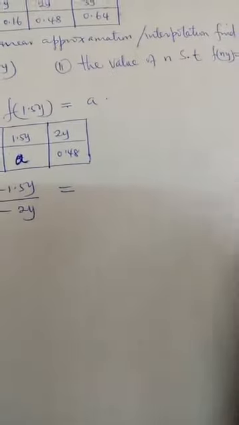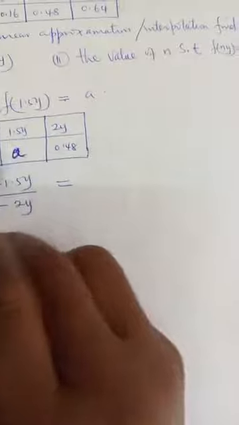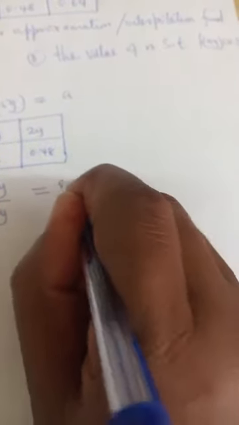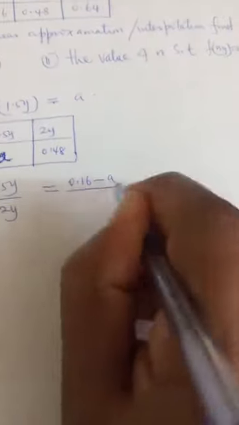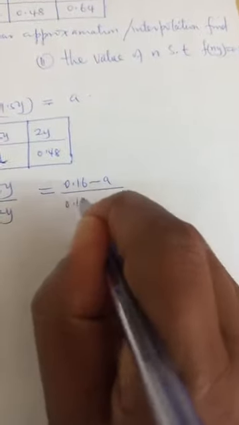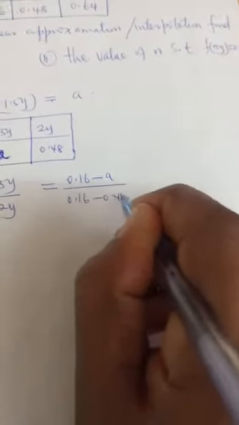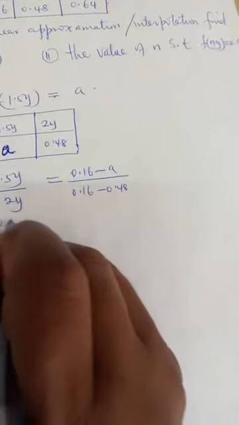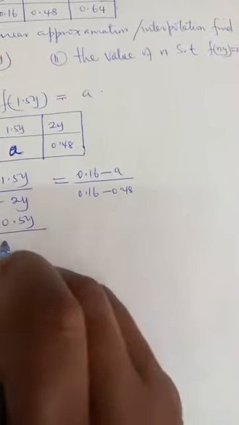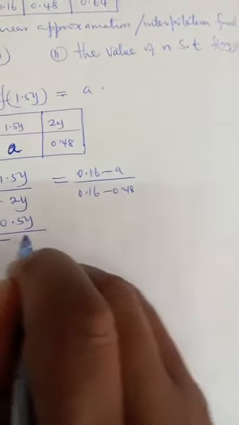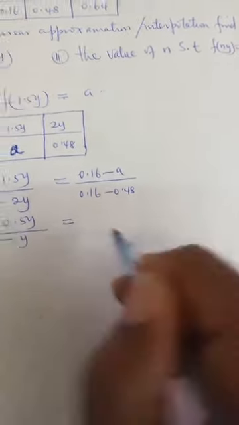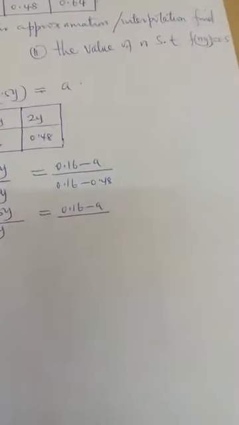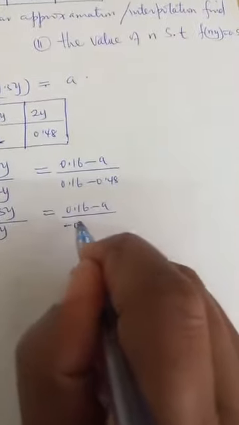As long as I'm consistent, I used y and this, so I should use the same. Should be equal to 0.16 minus a over 0.16 minus 0.48. I am looking for a, this becomes minus 0.5y over minus y should be equal to 0.16 minus a over, when we subtract this we get negative 0.32.